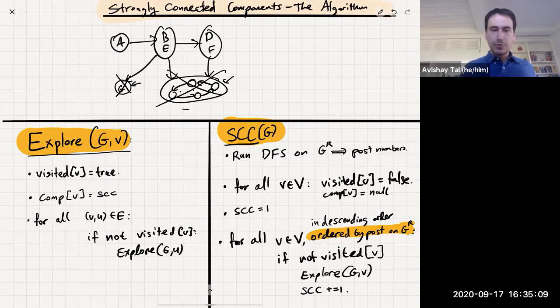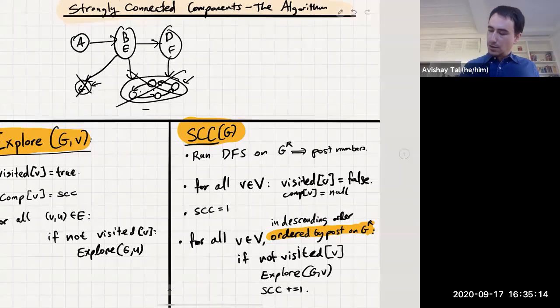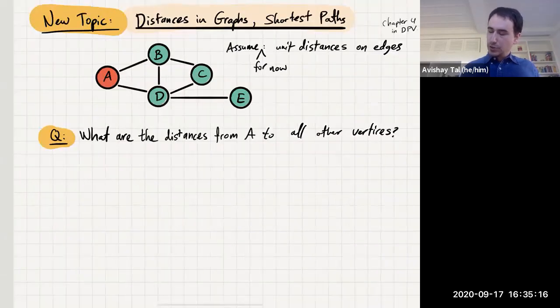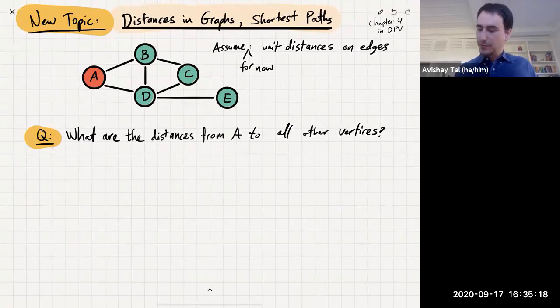So I want to move now to a new topic. You probably are familiar with it because you already mentioned that you know DFS and you know Dijkstra, but we're going to look at it again, and hopefully we'll learn many new things. In particular, we will prove why these algorithms work.